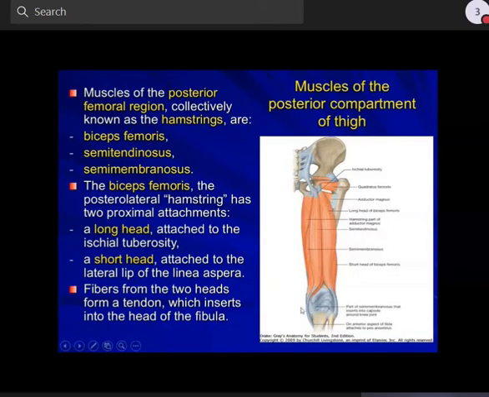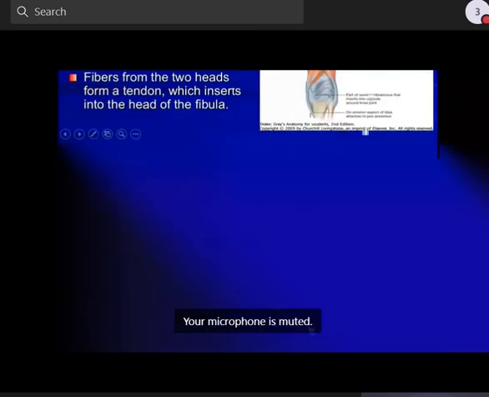So three muscles, three different tendons from three groups converge on the medial tibial condyle to form the pes anserinus superficialis.